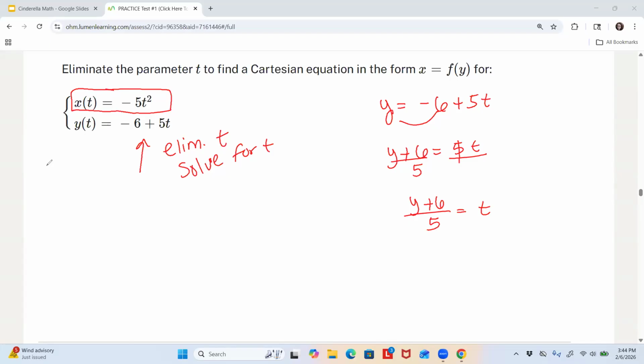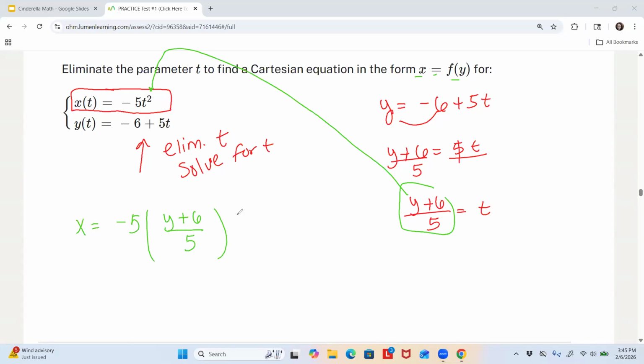Now, pick that up and go into the x function because we want x equals something. Put it in for t. So x equals negative 5 times what we just found for t, y plus 6 all over 5, squared. So x equals negative 5. When you're squaring a fraction, you can square the top and you can square the bottom.